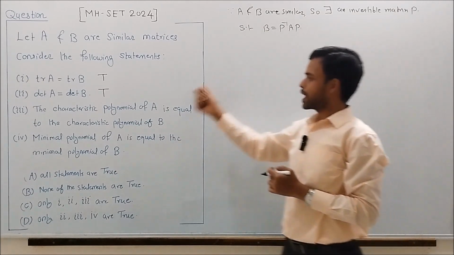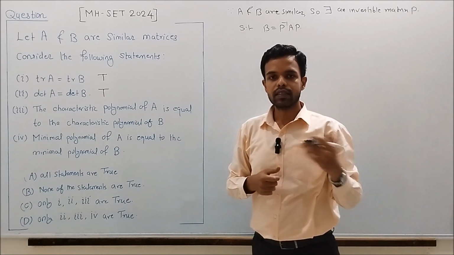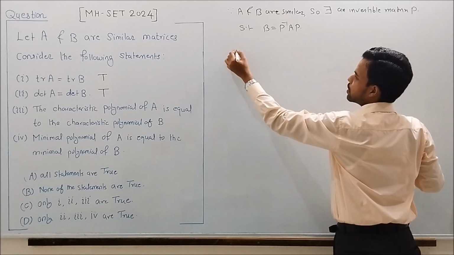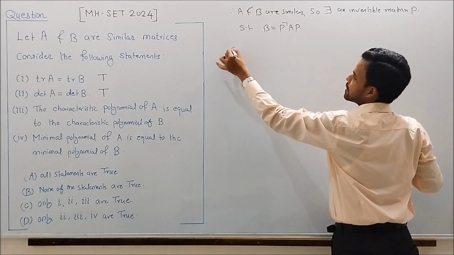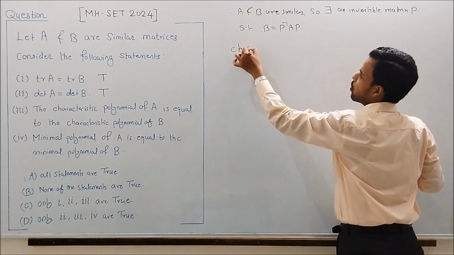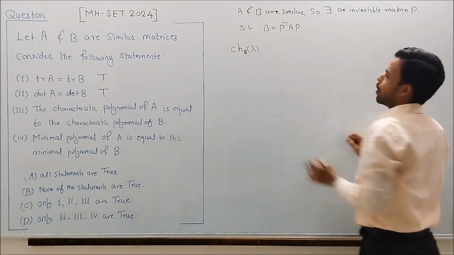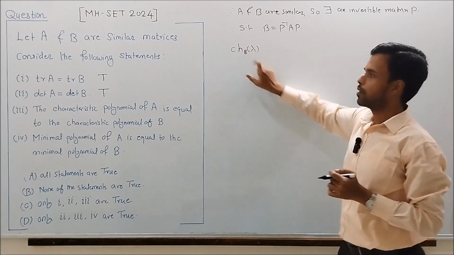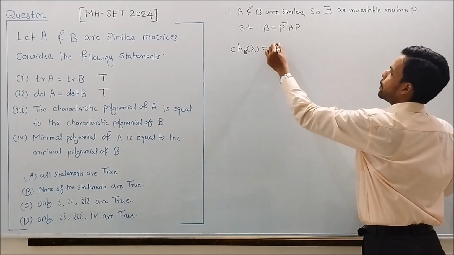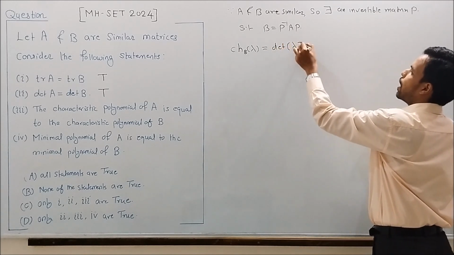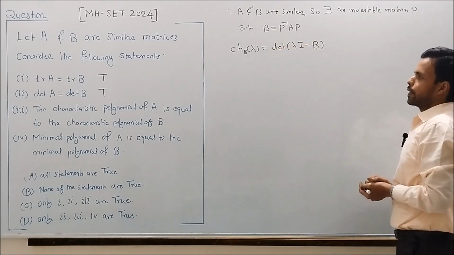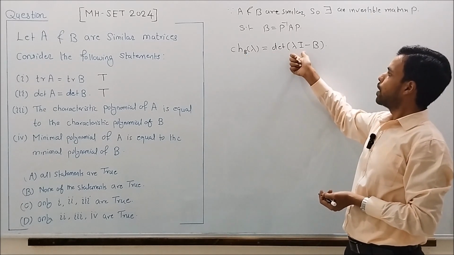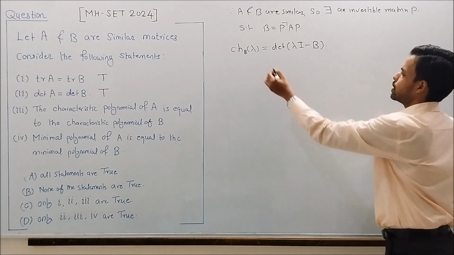Now, recall what is the characteristic polynomial of a matrix B or a matrix A? The characteristic polynomial of a matrix B, which I denote by CHB of lambda, is equal to the determinant of lambda I minus B. Now, what is B?